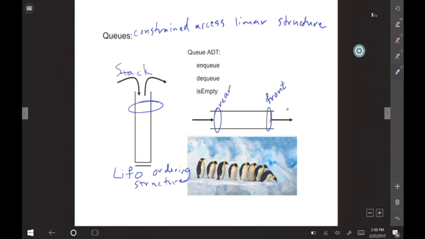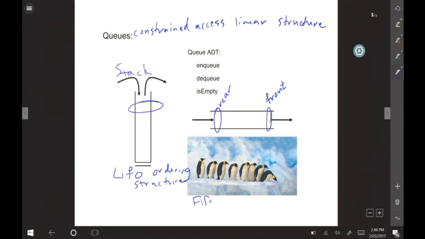Moreover, queues are used internally in many software systems to orchestrate the processing of events. We're going to see queues used in a lot of our algorithms even for precisely that purpose, to order the events in a way that is the first in, first out, first come, first served process.